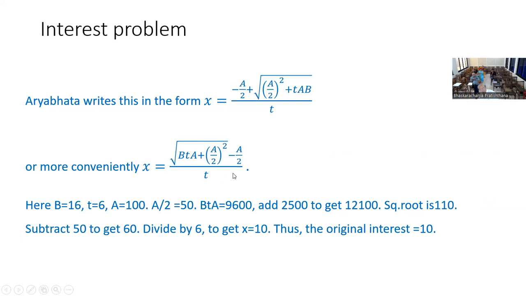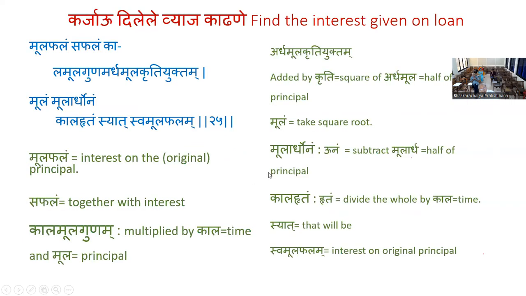And now you should divide by the period. Moolardhonam kala hrutam. Whatever you get, hrutam, you divide by kala, that is period. That syat, it will be swamoola phalam. Phalam means interest of the original thing.